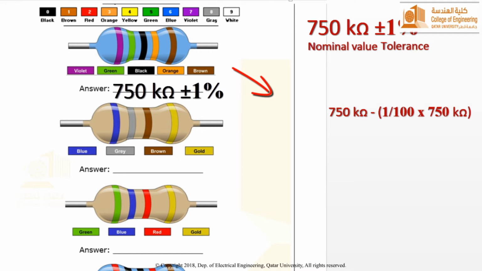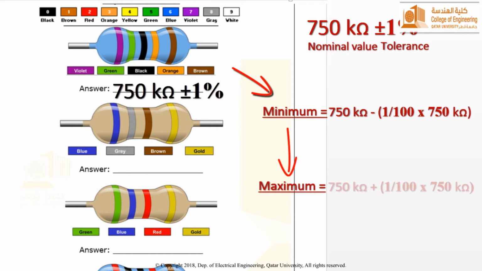It will be in between, this is the minimum, till the maximum, which is 750 kilo ohm plus 1% of 750 kilo ohm. So when you do the math, you get it to be around 742.5 kilo ohm, which is the minimum, and the maximum is 757.5 kilo ohm.